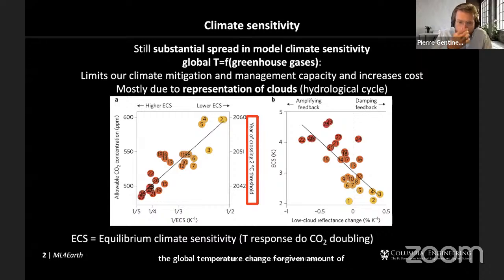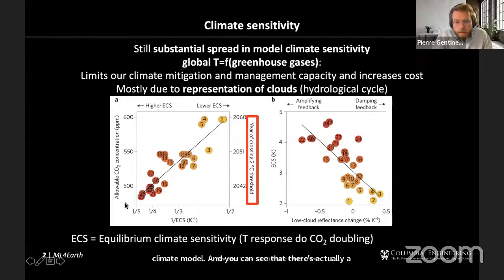And that's some nice work by Tapio Schneider and Florian Brient, looking at the response of what we call climate sensitivity. So that's basically the equilibrium temperature of the planet for a given amount of CO2 concentration in the air. You can see that every circle here is one climate model, and there's actually a vast variety of different answers.